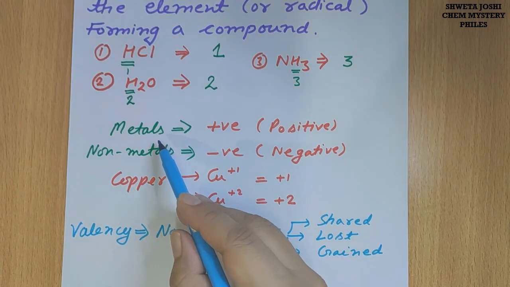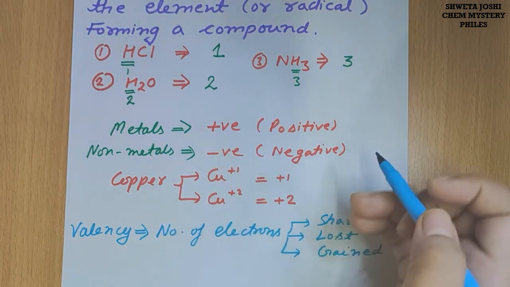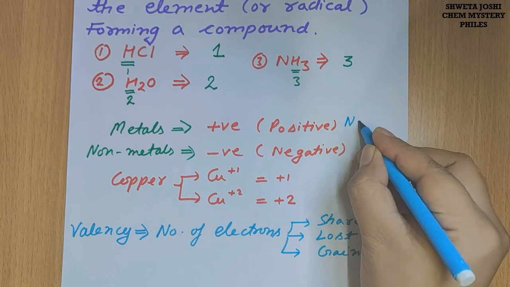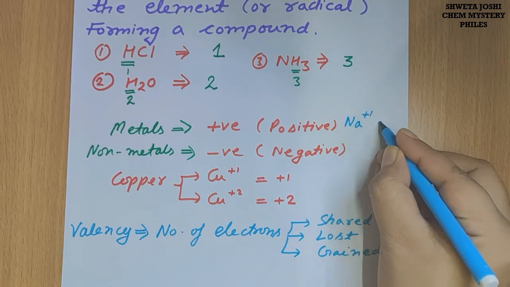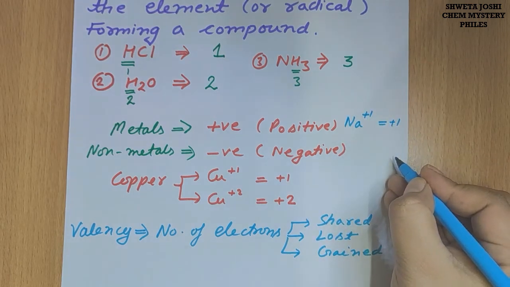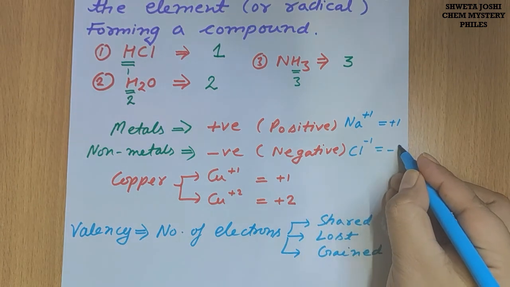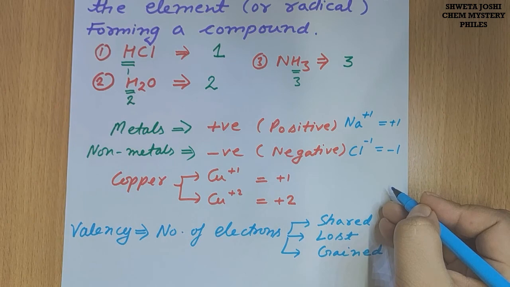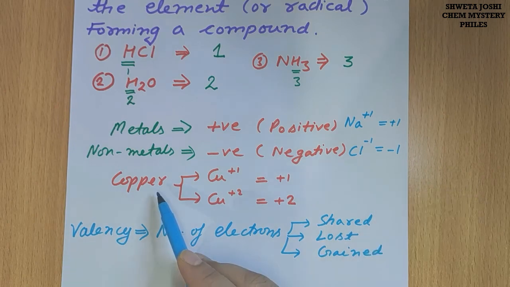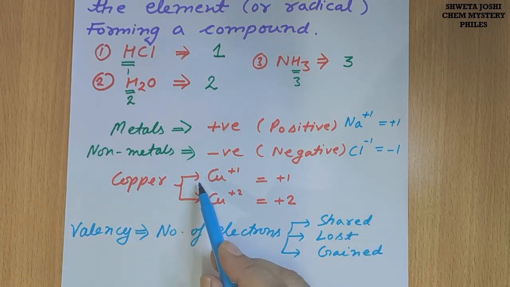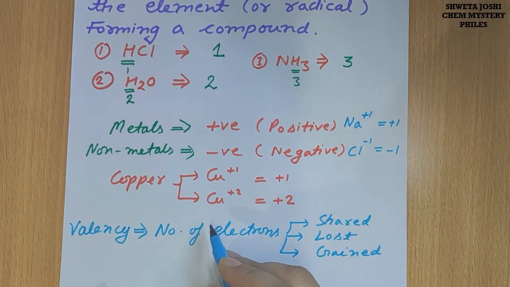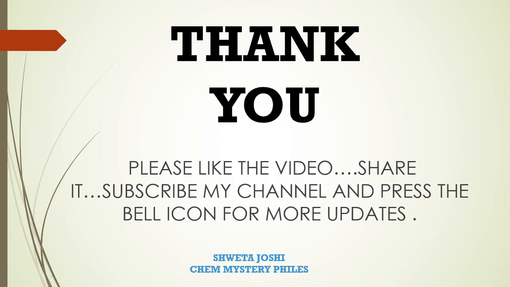So, valency for metals is positive, like for sodium metal, valency is plus 1. For chlorine, valency is minus 1. And some of the elements also show variable valency, like copper. It exists in Cu plus 1 and Cu plus 2 form. And valency is basically the combining capacity of the element.